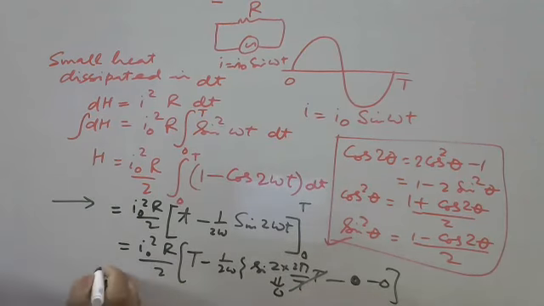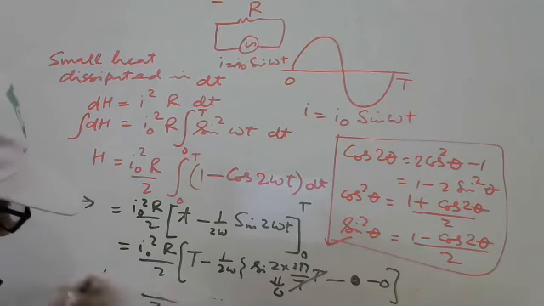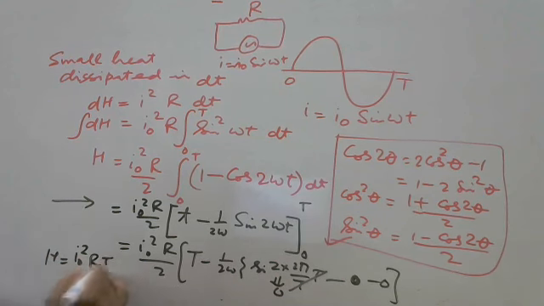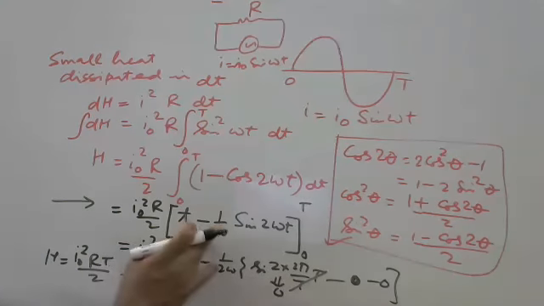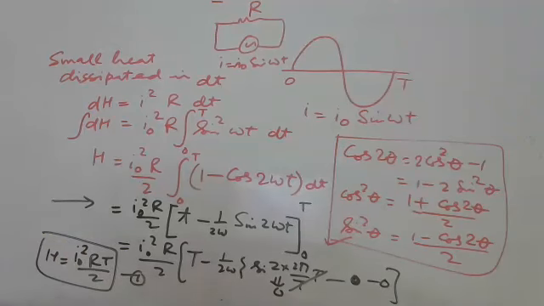So the heat formula can be written as I naught square R t upon 2, say equation 1. This part is 0, this part is 0, so only I naught square R capital T upon 2. This is the formula of heat in one cycle flown in the circuit.